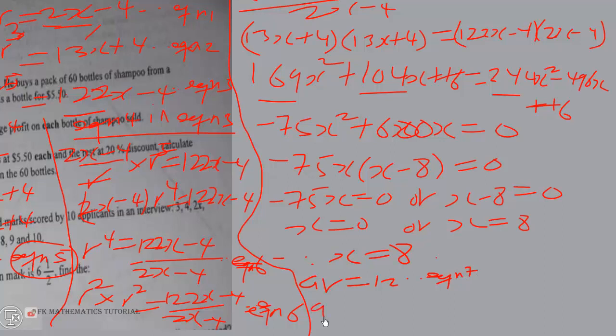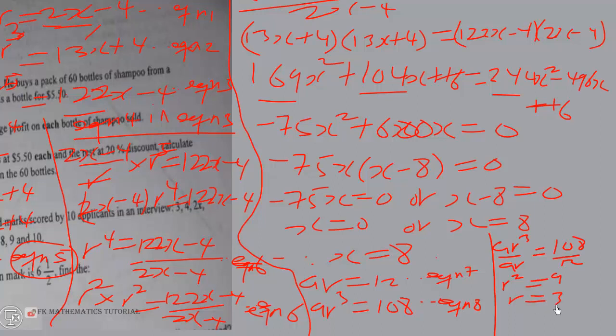So we are going to get AR cube equal 108. That is equation 8. Now when we divide equation 8 by equation 7, we get AR cube over AR is equal to 108 over 12. That will give us R squared equal 9. So therefore R is equal to 3.